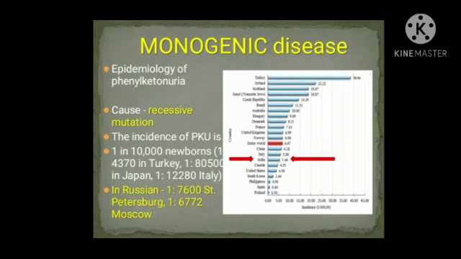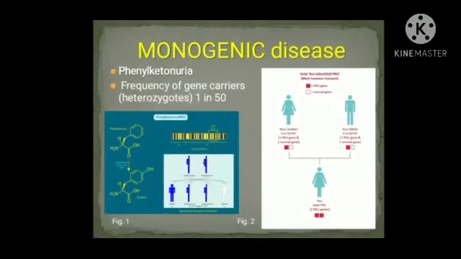born persons. In this slide, we will speak about how mother and father can transmit the disease, and in which cases it cannot happen. For example, you can see figure 1. Mother and father both have the recessive gene of phenylketonuria.